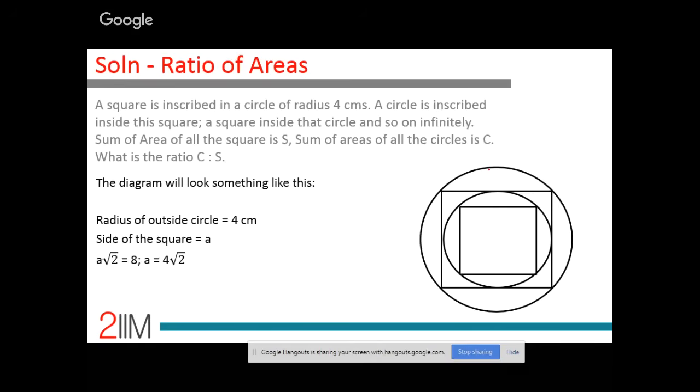And so we're saying there's infinitely many squares, infinitely many circles, but all that is just some decoration around this question. If you find the ratio of one circle to one square, you're done. Everything else, the ratio will be same.